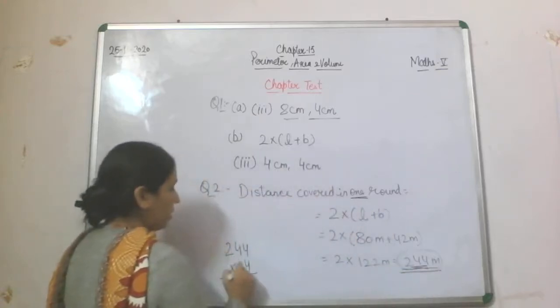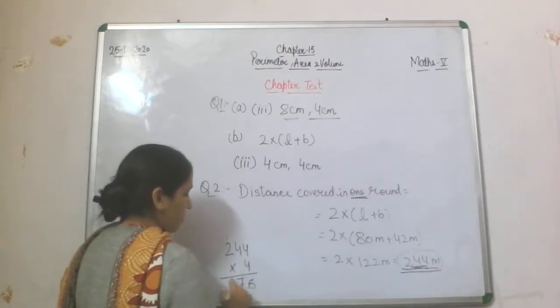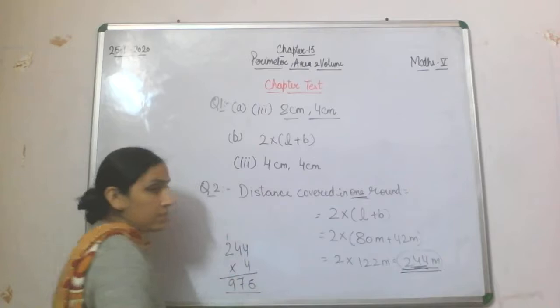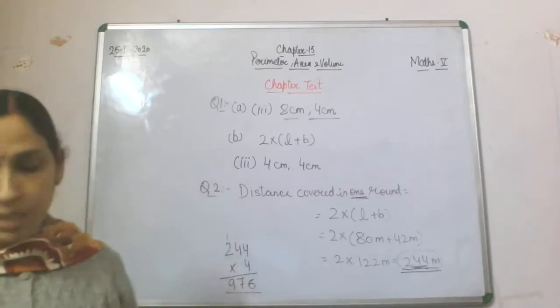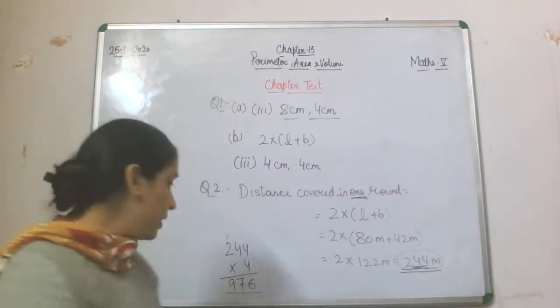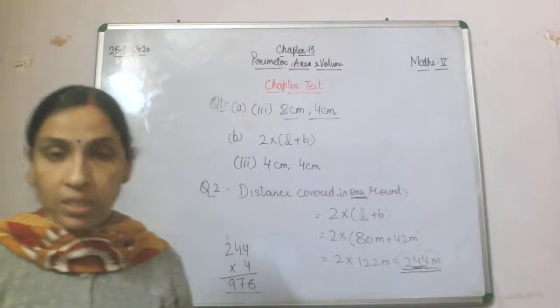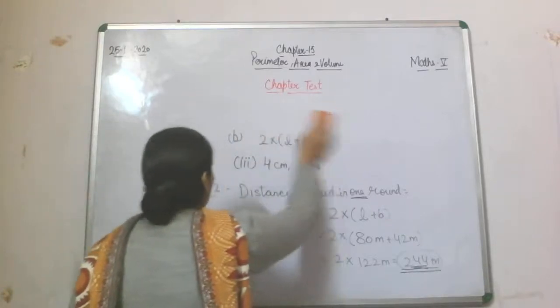Then distance covered in 4 rounds will become 976 meter. Means that Radhika will cover 976 meter, total distance in 4 rounds.